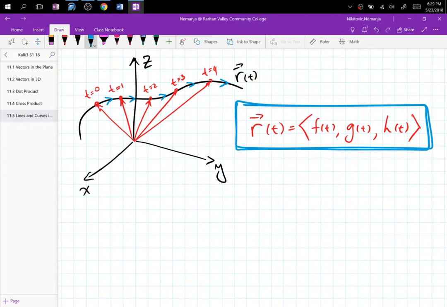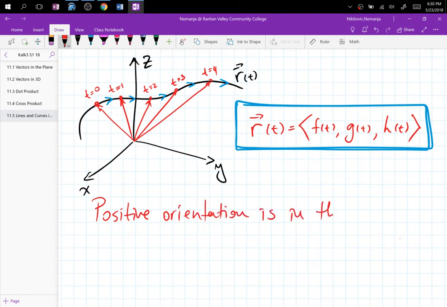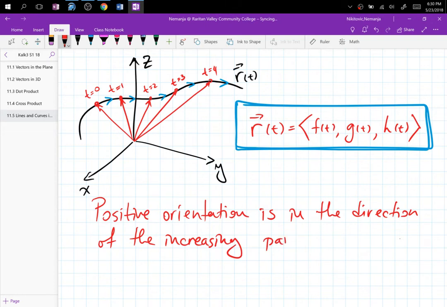So positive orientation is in the direction of increasing time. Let me write that in blood over here. Positive orientation is in the direction of the increasing parameter.